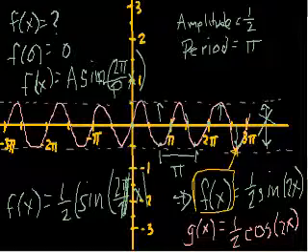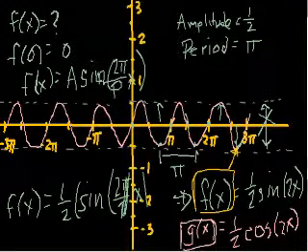And now g of x. When x is 0, what is g of 0? Let's put 0 in here, so this whole term will become 0. What's cosine of 0? It's 1. And 1 times 1/2, so g of 0 is 1/2. So we would start here.